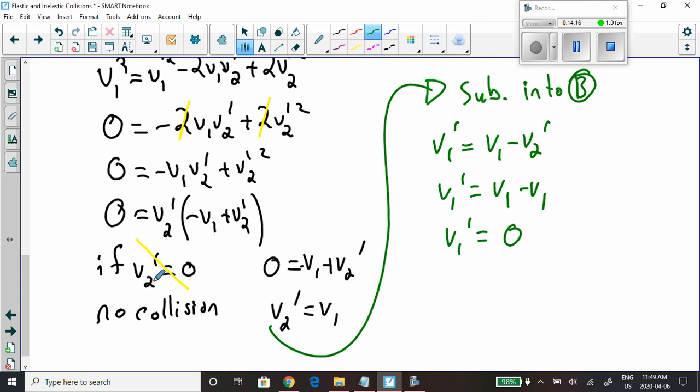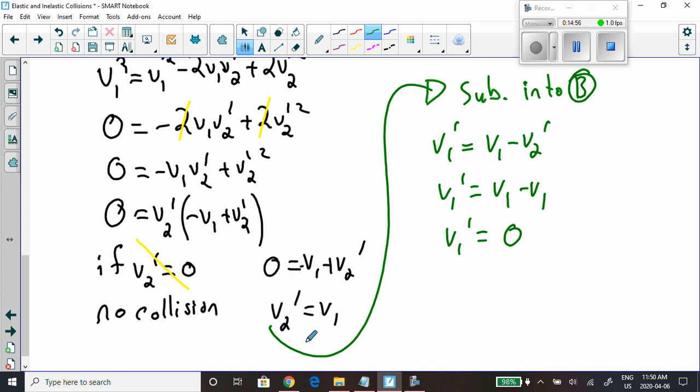Well, v2 prime equals 0 would be telling you that the velocity of the second object after the collision is 0. That's not possible. It's just been hit by the first object. So this is telling you there's no collision. This is an extraneous root. It's not possible. But this one is very much possible, that v2 prime is equal to v1. So what it's basically telling you is that the second object after the collision ends up having the velocity of the first object before the collision.